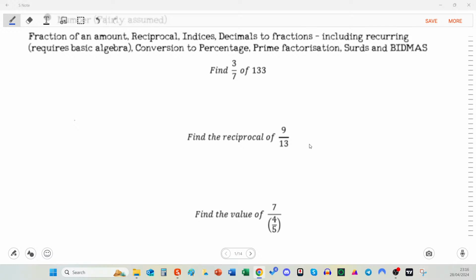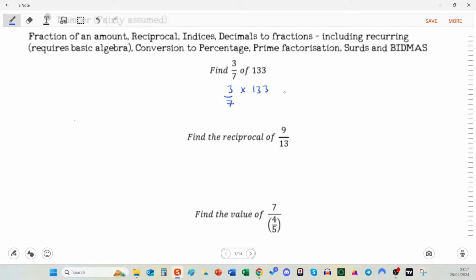So 3/7 of 133. The key thing here is that the word "of" in mathematics means multiply. And you can look at this in a few different ways. 3/7 can be seen as 3 lots of 1/7. And so you could find 1/7 and then multiply it by 3.